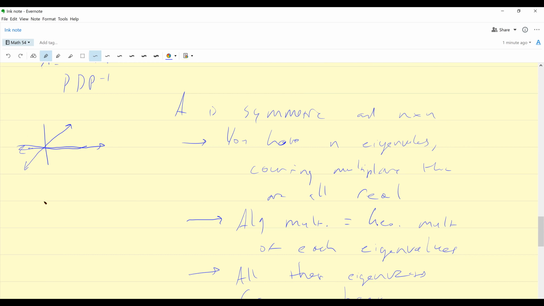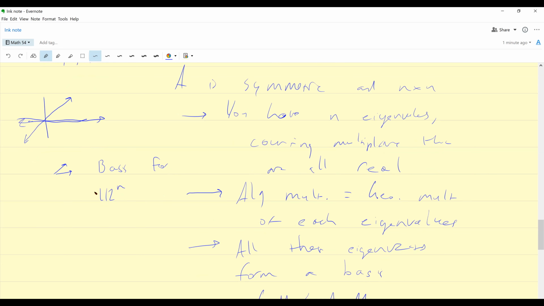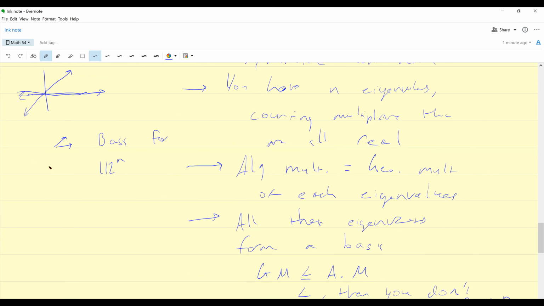So we get a basis consisting of these two vectors for Rn. Now, given any basis, we can do Gram-Schmidt again to get an orthogonal basis, and you get something like the standard basis here.